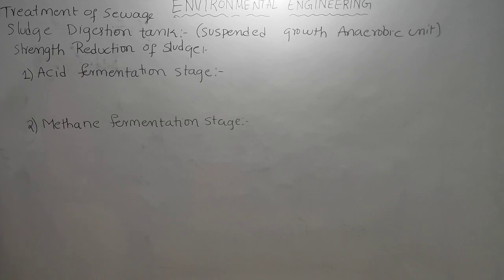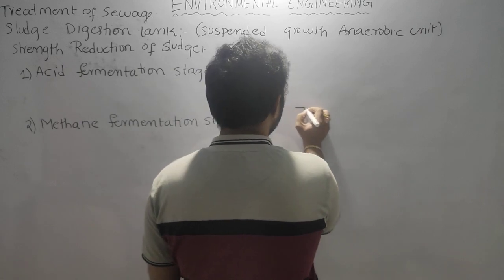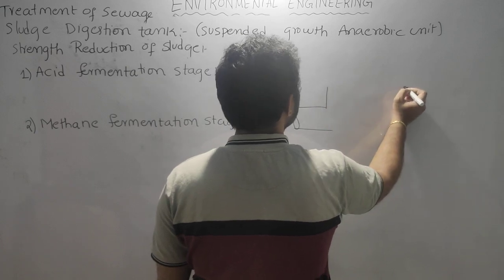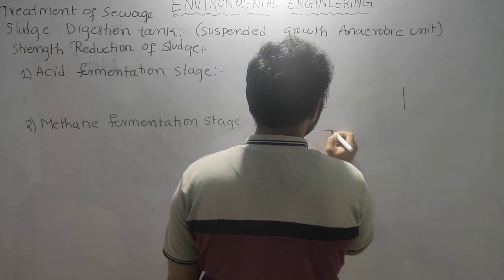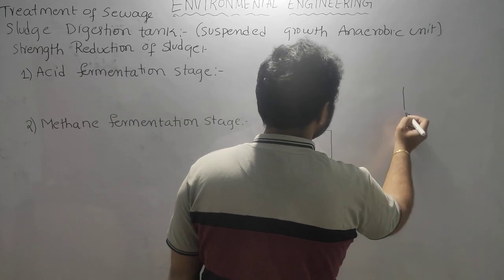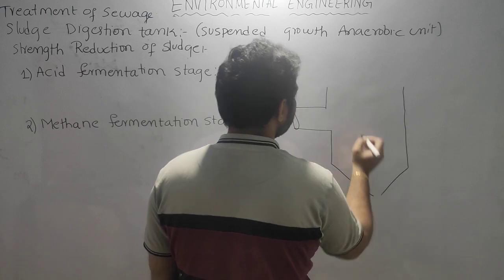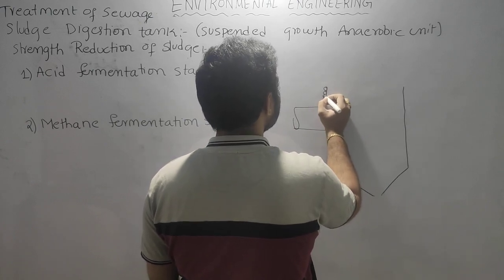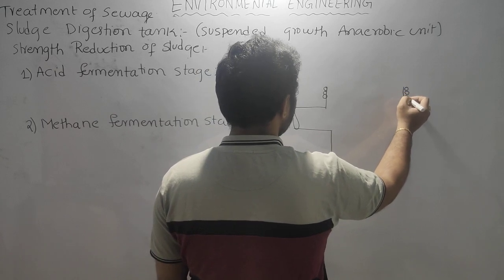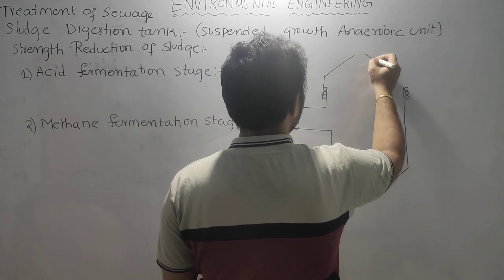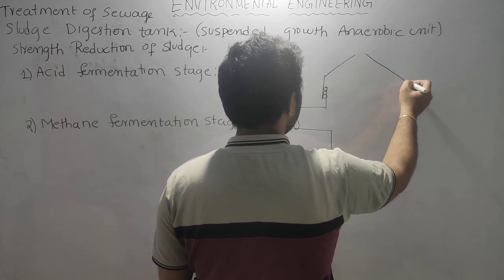Now, if you look at the sludge digester, it looks like this in a schematic diagram. This is the inlet, and on the top there will be a floating dome, to safely send the gases out of the system.